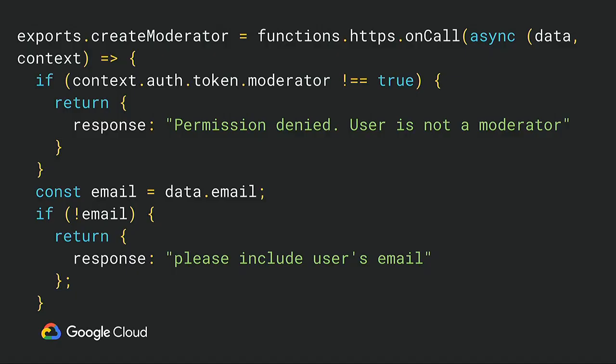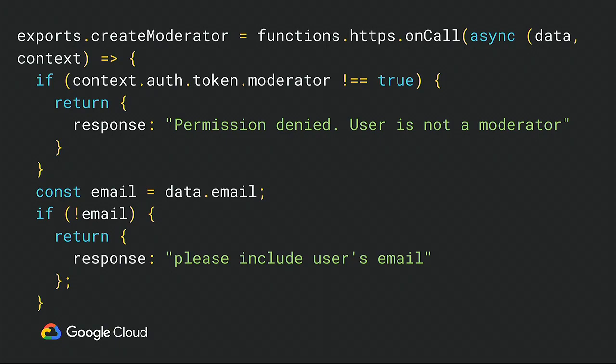So this is what the function looks like to give that permission. We are using an HTTP function, but this one is a little different. It is an on-call function, which means this call can only be made from a Firebase client, your Android app or your iOS app, rather than just being able to make it from anywhere. In this case, it passes data and context.